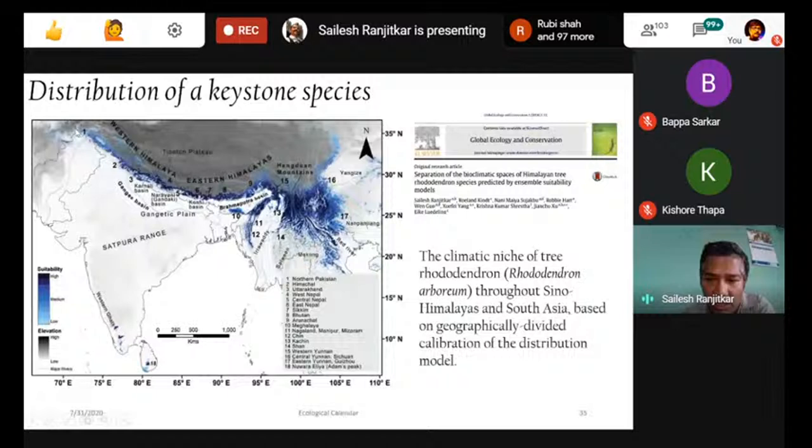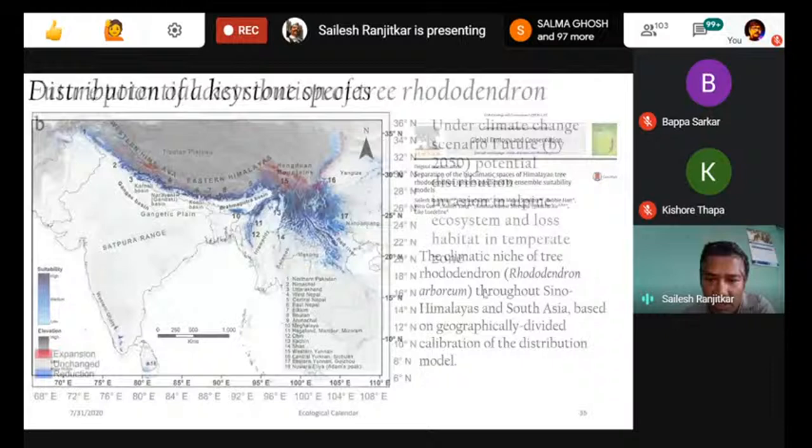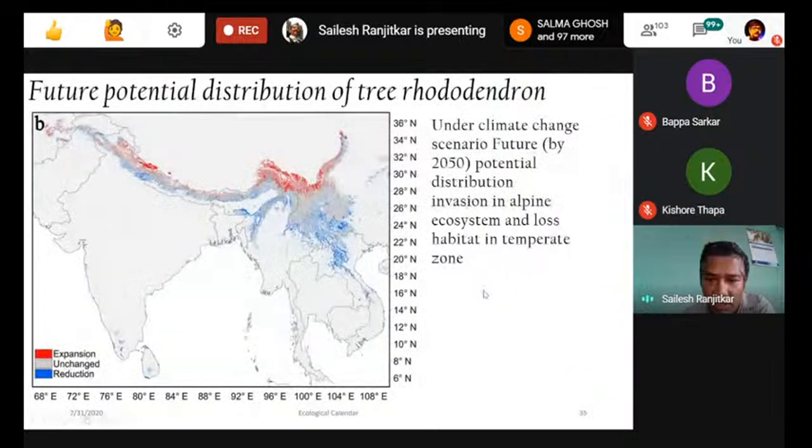We modeled this species, and we found that in the context of climate change, it will mostly invade the alpine ecosystem, and it will lose habitat in the temperate zone, these blue areas.